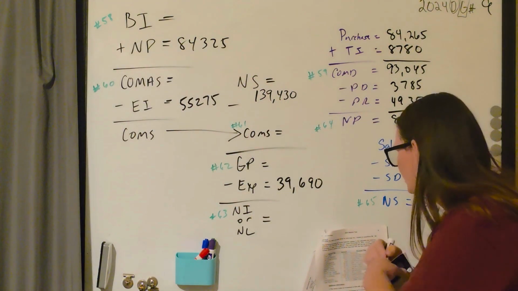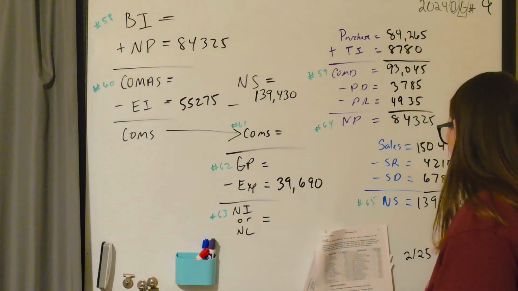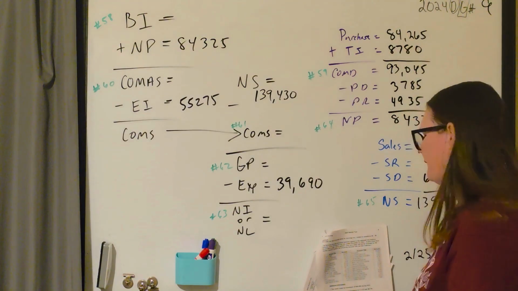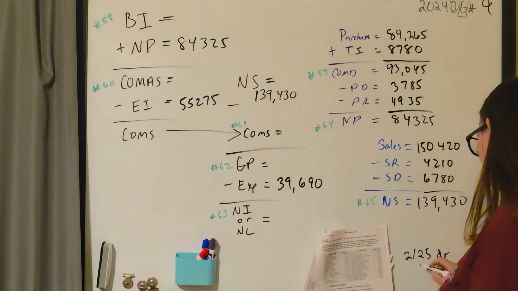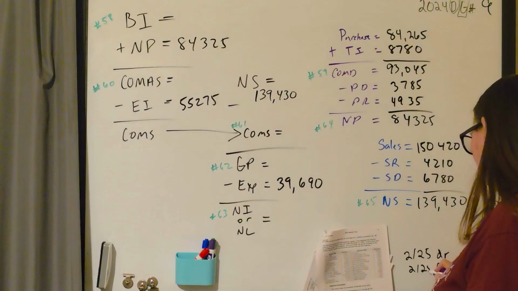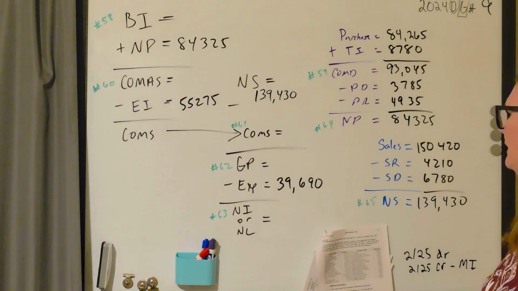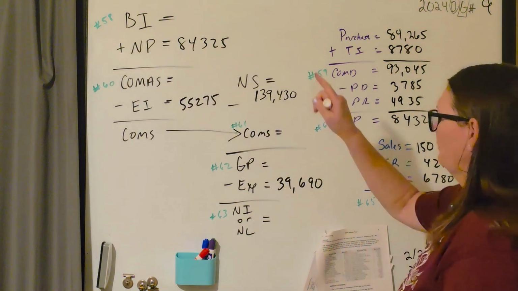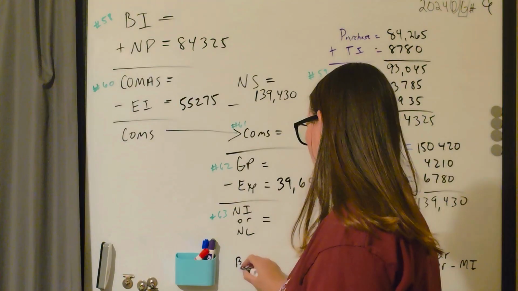If you look, we have 21.25 debit for our income summary, which means we also credited merchandise inventory 21.25.